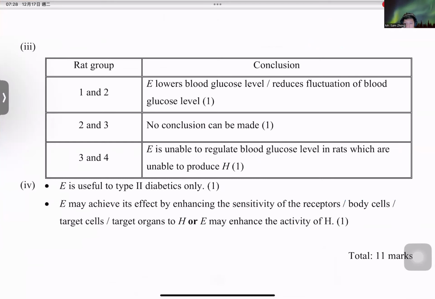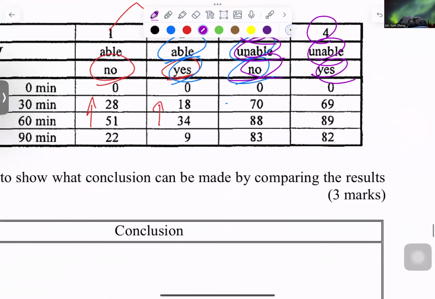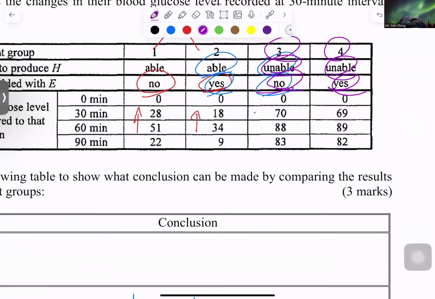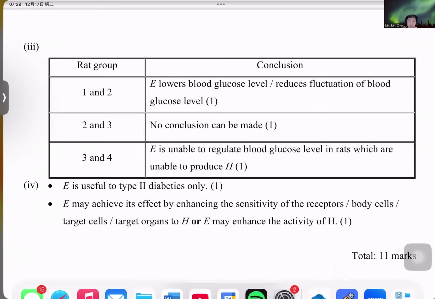In this case, no matter whether we place the substance E or not, there is the same change in the blood glucose level. So it is a similar change. Therefore, we will write down that E is unable to regulate the blood glucose level in rats which are unable to produce the blood insulin.